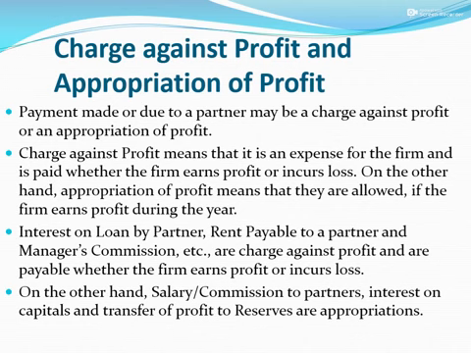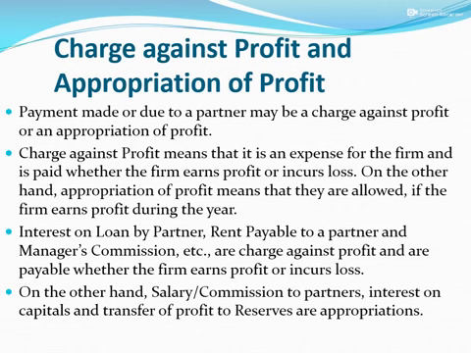But appropriation of profit means only if the firm has the profit will we make such a payment. If the firm does not have the profit, the firm will not make those payments.